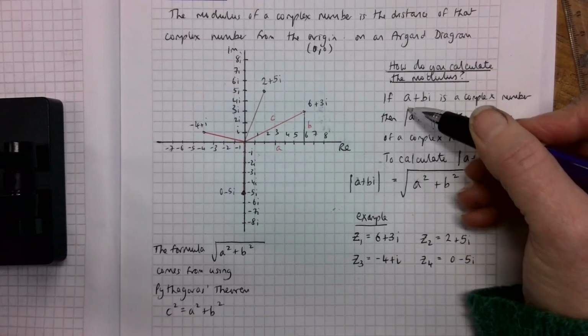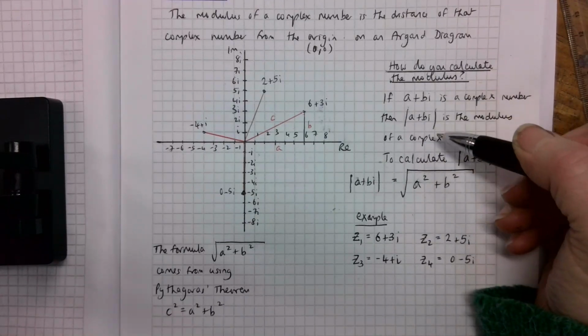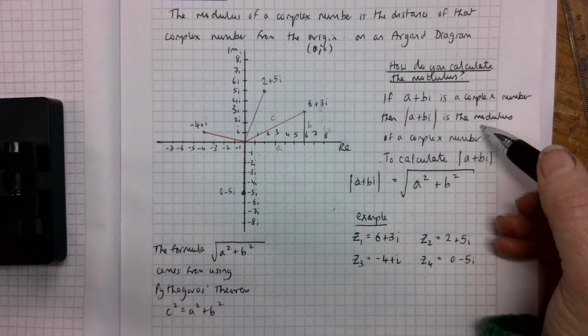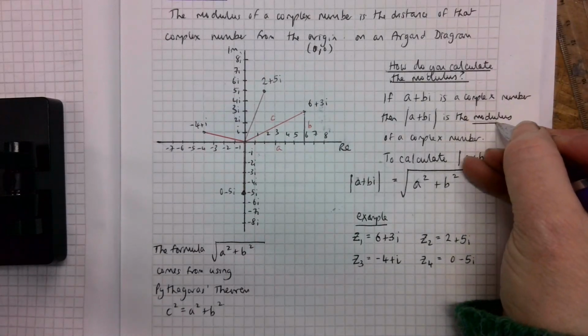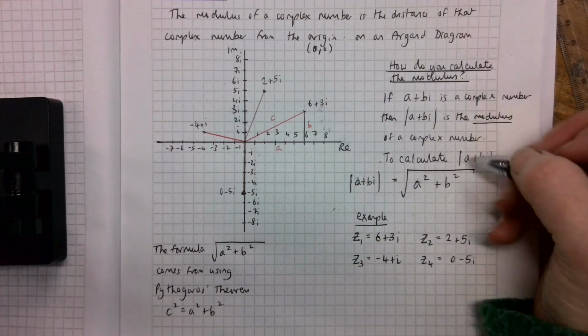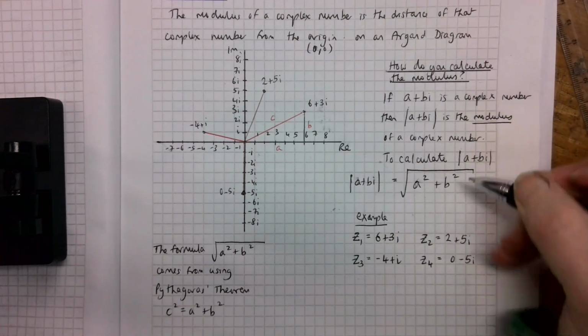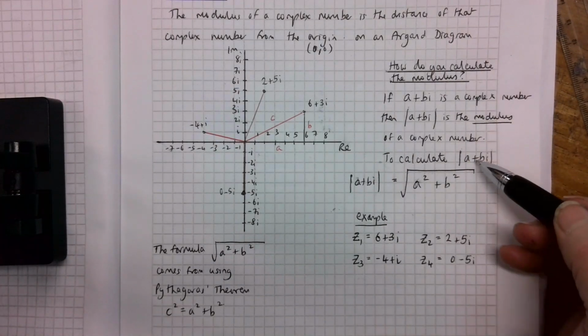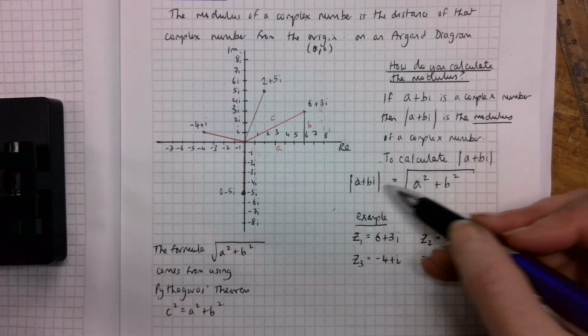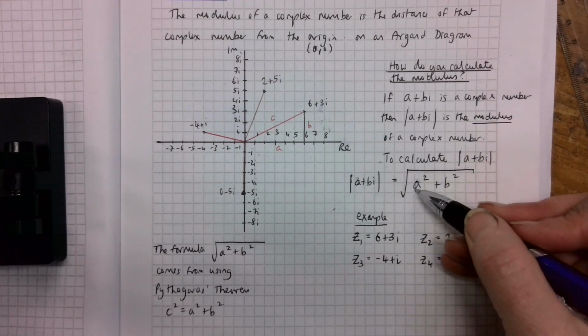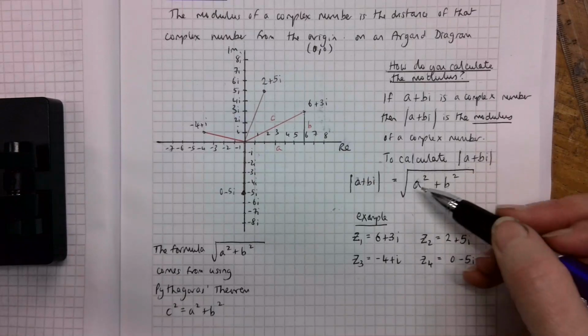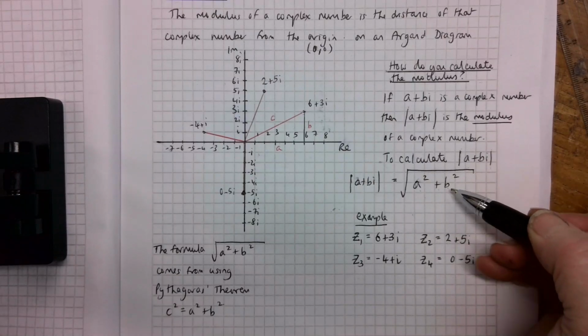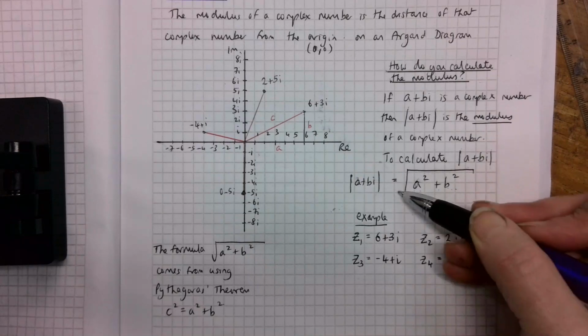So when you see those two straight up lines around a complex number, they mean the modulus of a complex number. To calculate the modulus of a plus bi, we square root a squared plus b squared. So we first square a, add on b squared, and then find the square root of the answer.